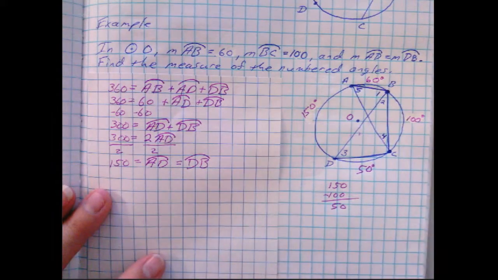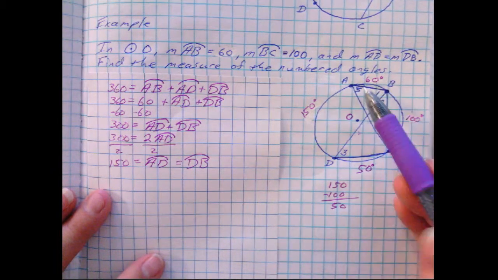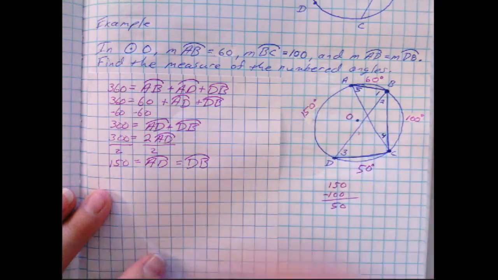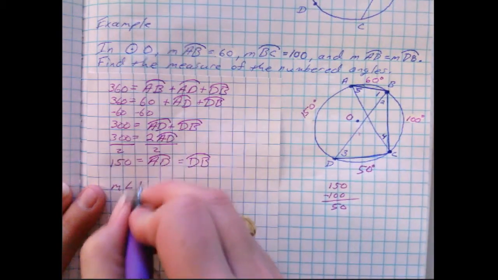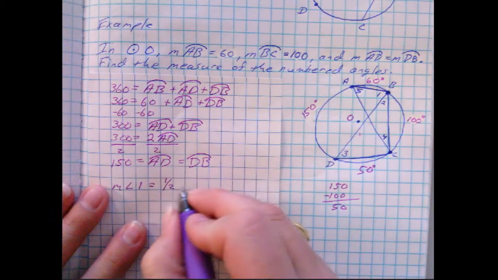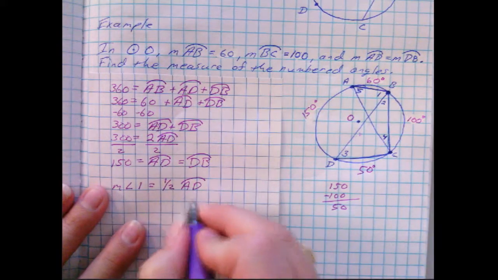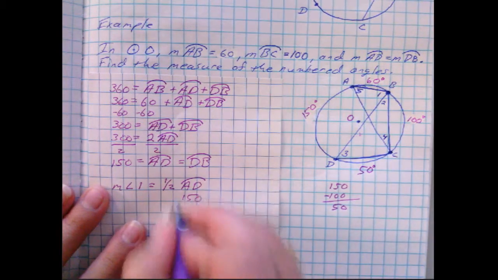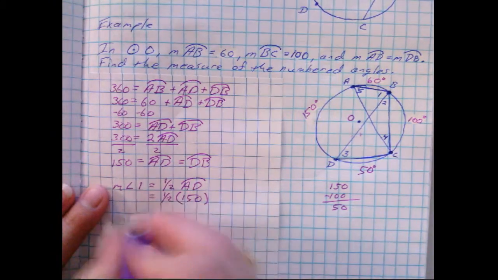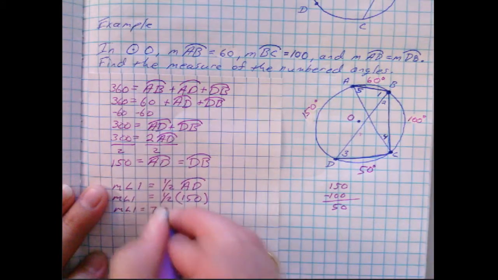So the first one I'm going to look at, angle 1. So this is an inscribed angle. The arc that it intercepts is this large arc AD. So the measure for angle 1 equals half of arc AD. AD is 150. So half of that would be 75. Okay?